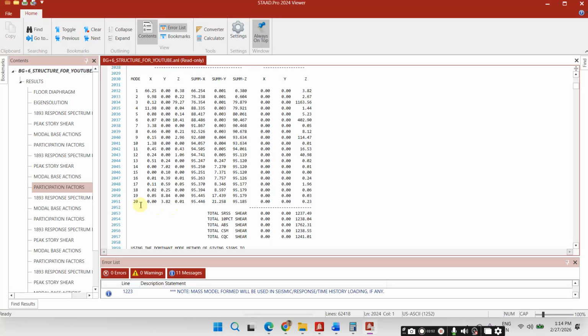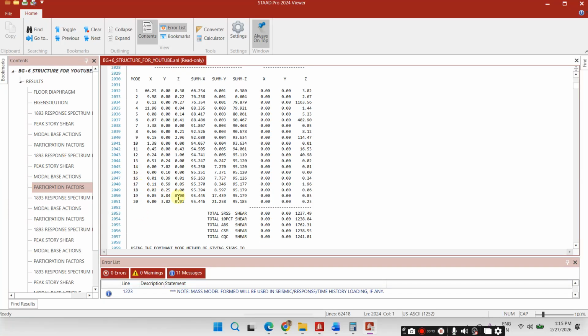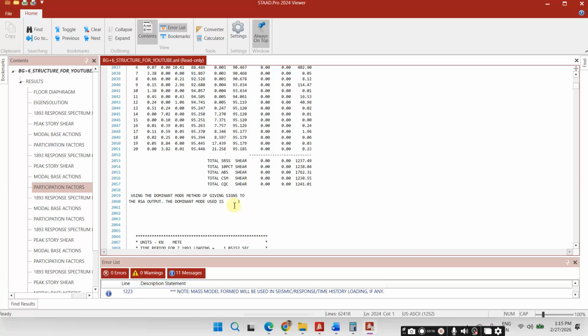So if mode number is 20 and that is less than 90, then I have to increase the mode number. Mode number is 20, then I have increased to 25, thereafter 30, 35, up to the number at which the participation factor should be 90%.